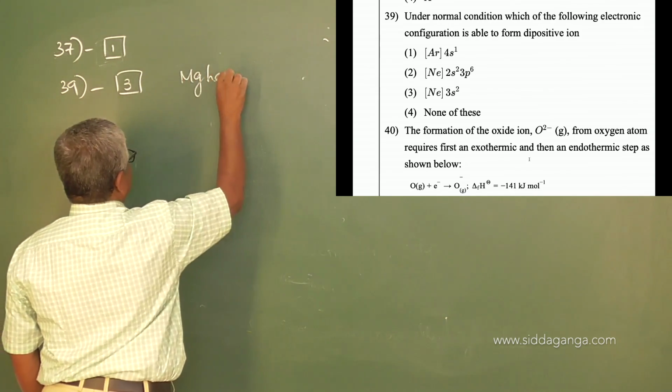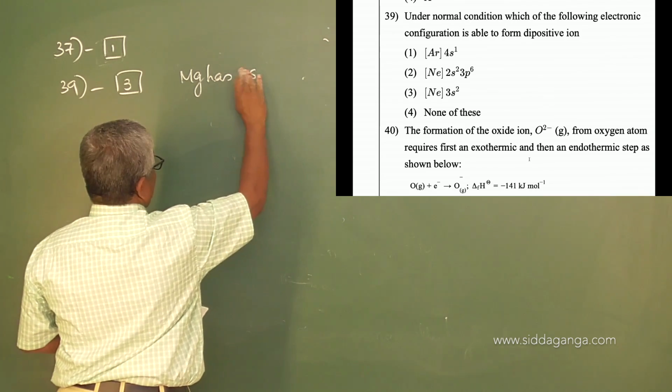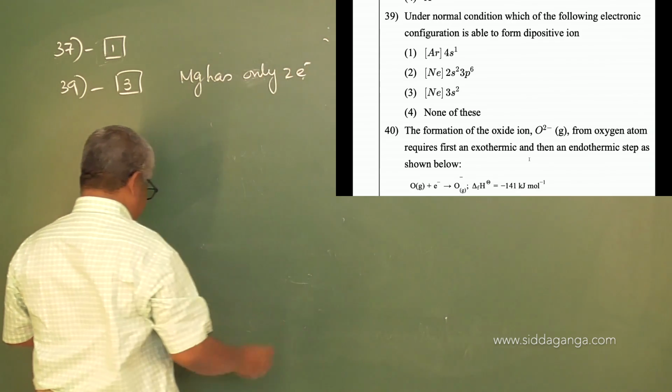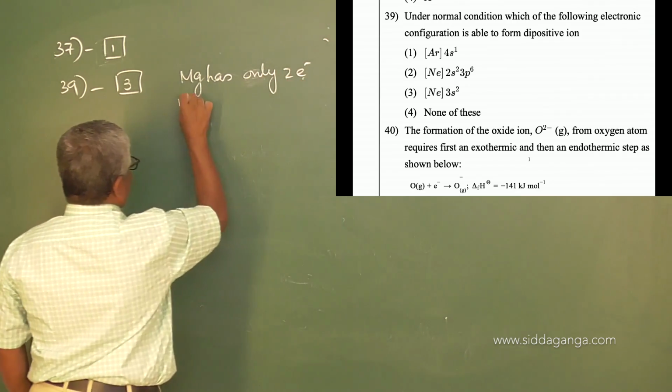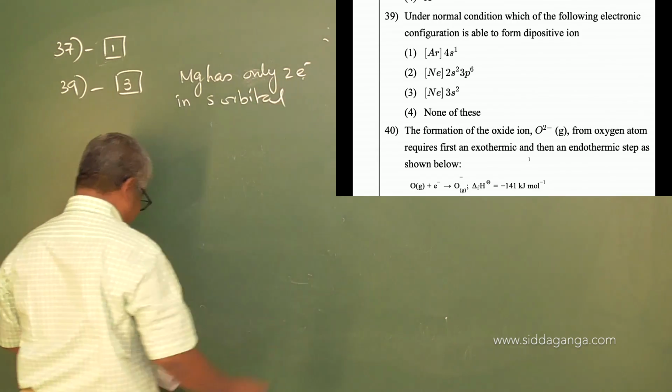Magnesium has only 2 electrons in the 3s orbital.